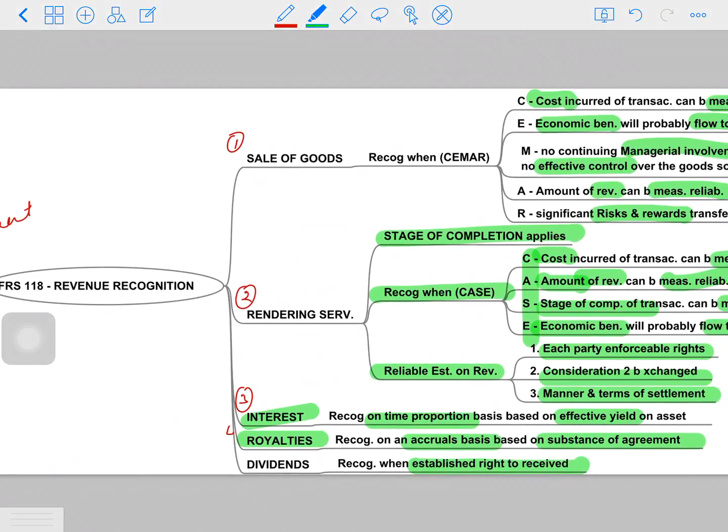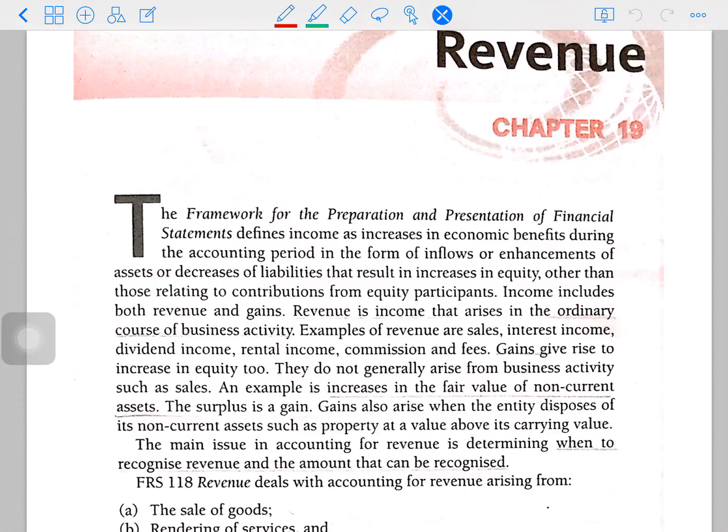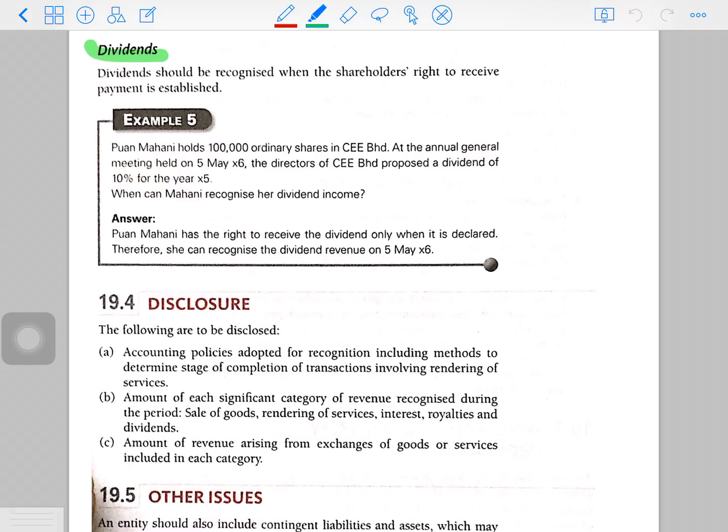That means when it is declared, normally declared by the board of directors. So that is for dividend. Rights to receive payment is established.